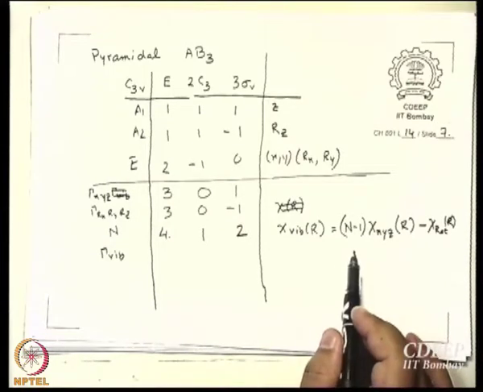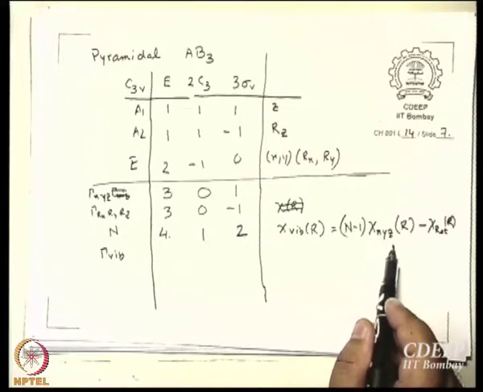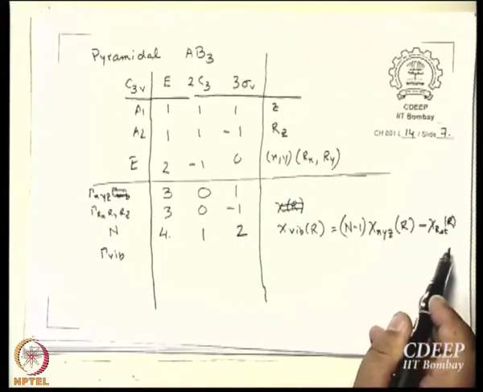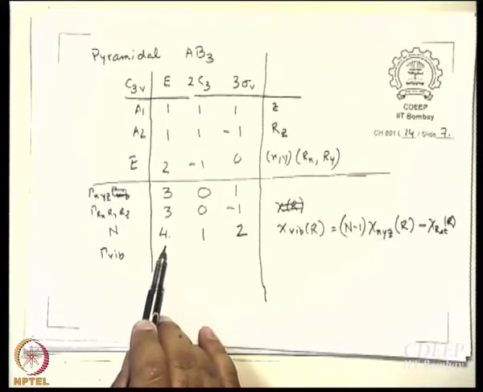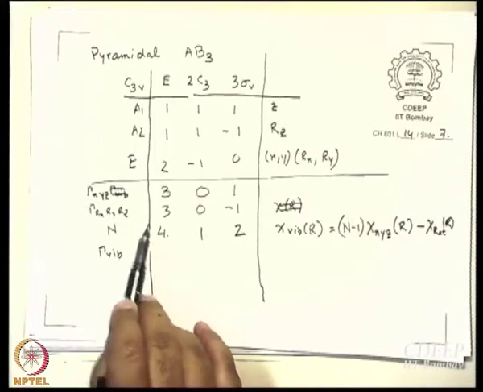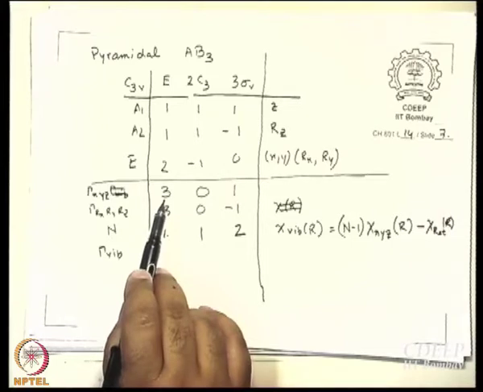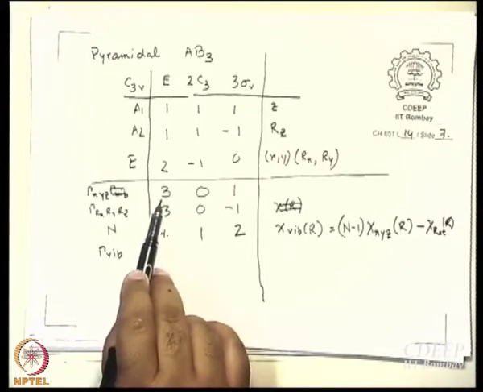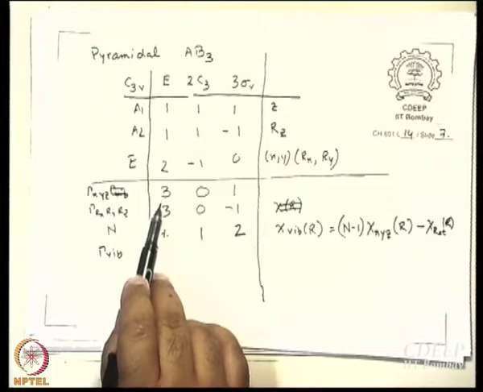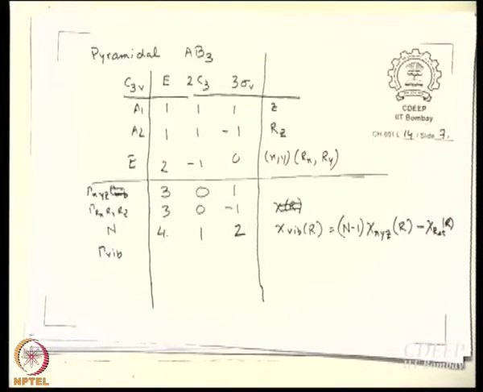N minus 1 multiplied by chi xyz of r minus chi rot of r. 3 multiplied by 3, 9, minus 4, 5, minus 3, 9 minus 3 is 6. Fine, 6.